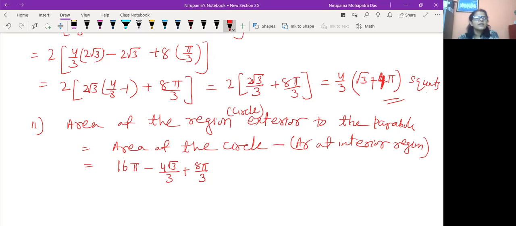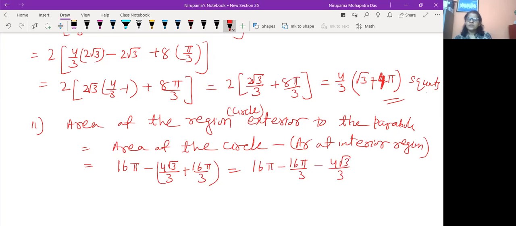So you are getting 16 pi by 3. So now next you can have 16 pi minus 16 pi by 3, minus 4 root 3 by 3, or you can write 4 by root 3, that is up to you.